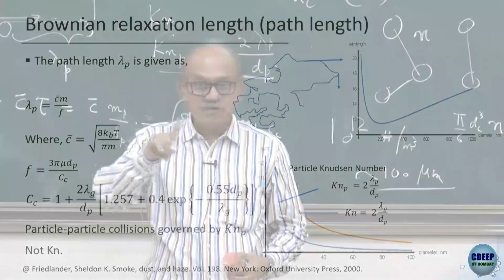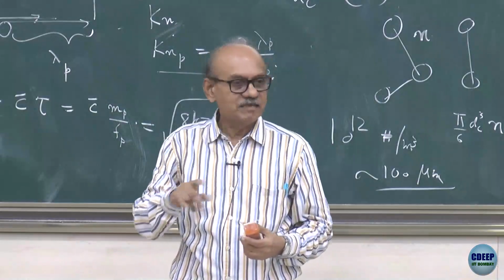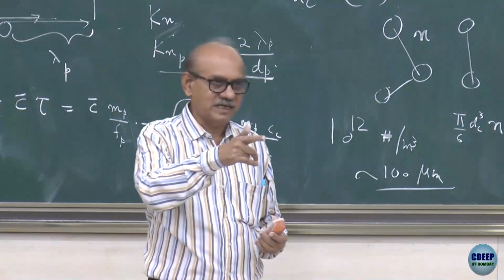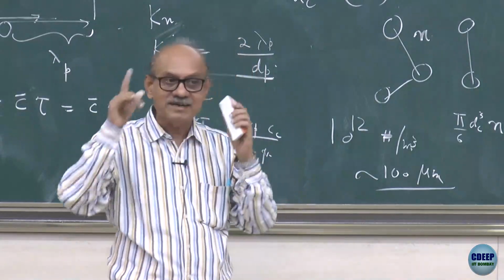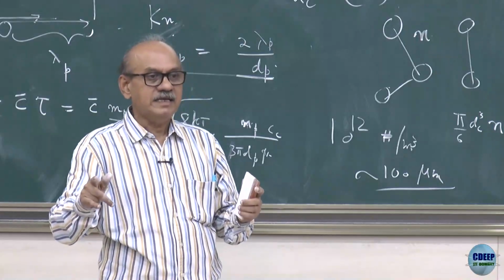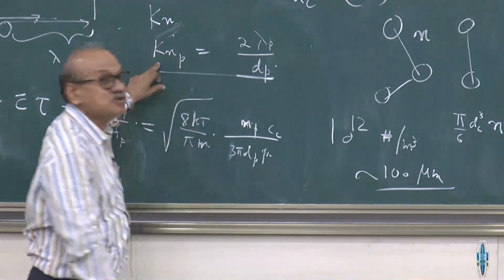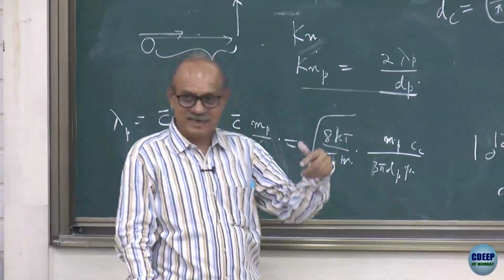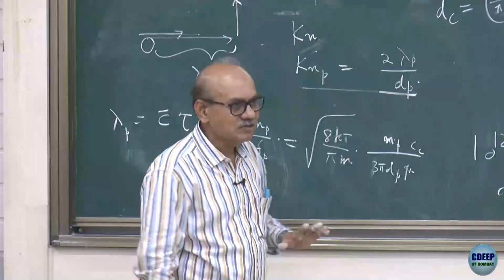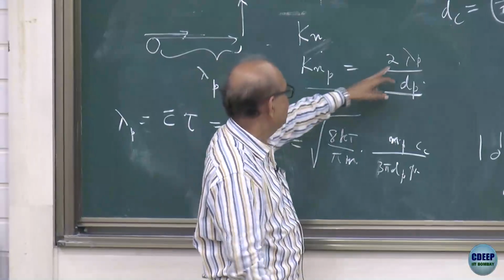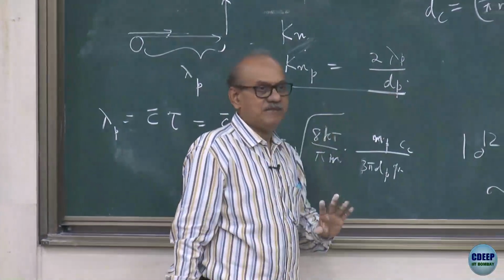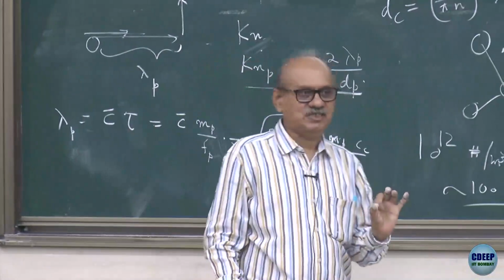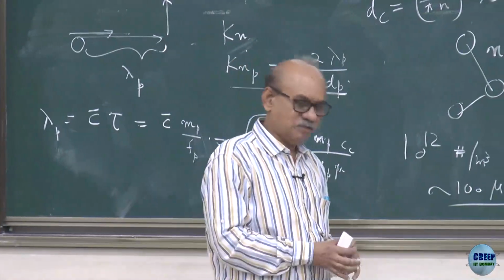I don't think people call it a mean free path; if I have used that jargon, I am not correct. It is called the Brownian relaxation length, in terms of which we define a Knudsen number in analogy with the mean free path for the gas. So it is a Brownian relaxation length, 2 lambda by dp, where lambda p is the Brownian relaxation length. That is the more correct way of putting it.